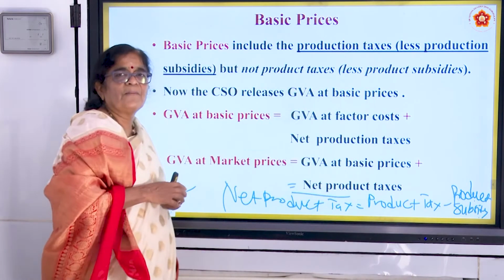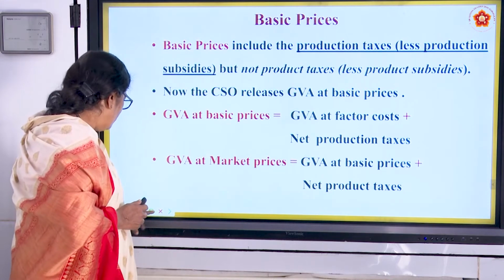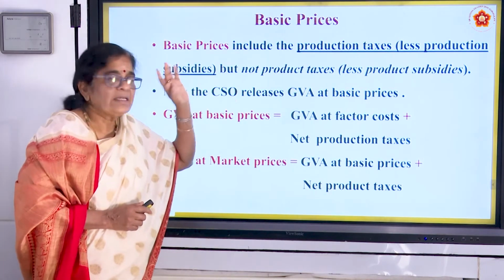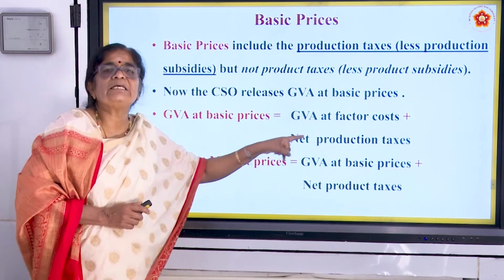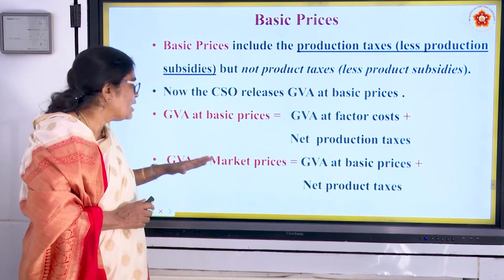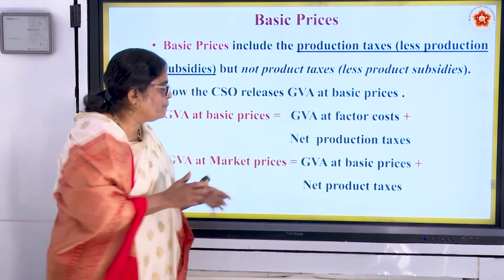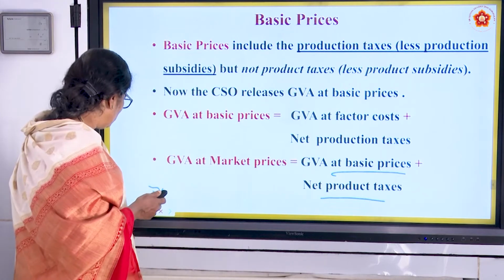I hope you understood the difference between basic prices and market prices. Basic price includes the factor cost, GVA at factor cost plus net production taxes. Market prices include basic price, GVA at basic price, plus net product taxes. I hope you understood.